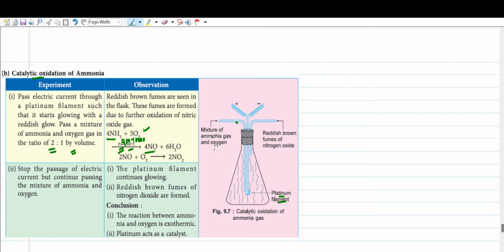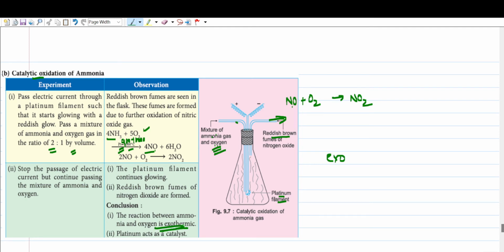Now since there is excess of oxygen, this nitric oxide will further react with excess of oxygen and form nitrogen dioxide. So the gas which comes out is reddish brown color gas because nitrogen dioxide has got reddish brown color. Now remember children, this catalytic oxidation of ammonia is an exothermic process.